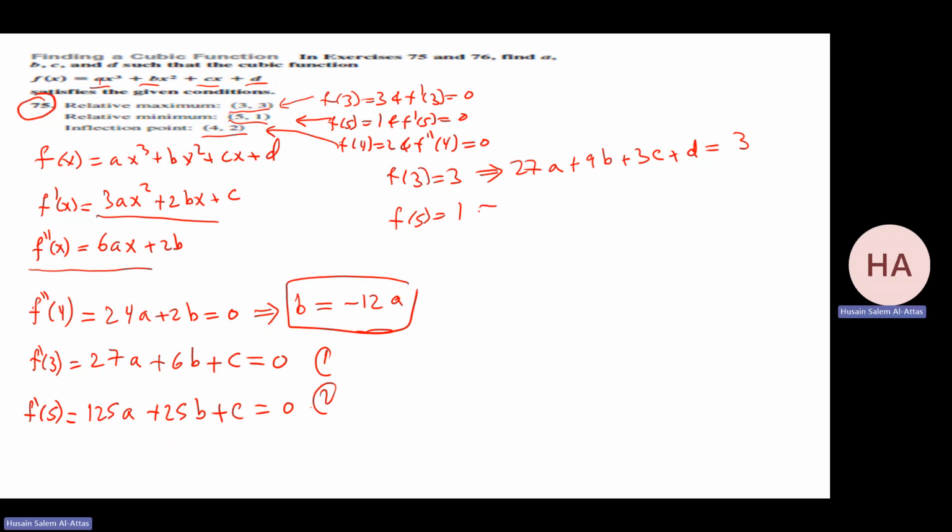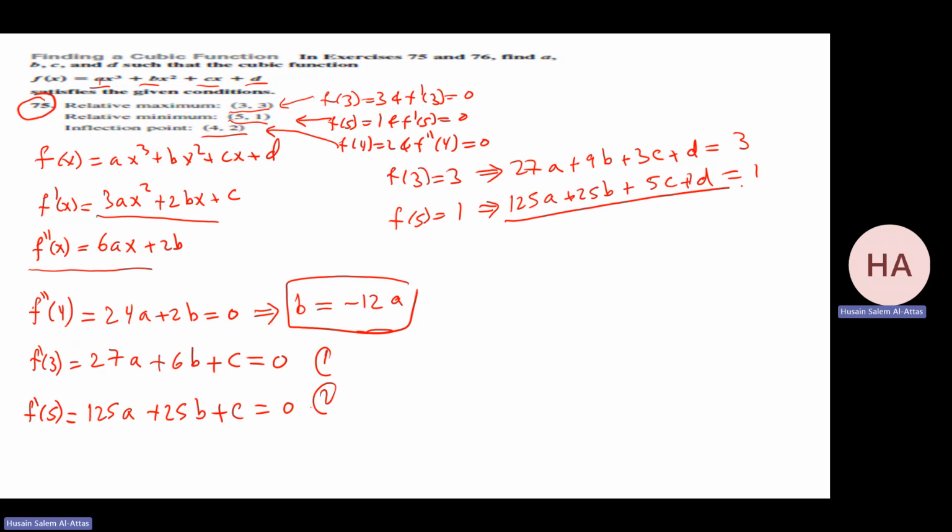So that implies 125a plus 25b plus 5c plus d equal to 1.